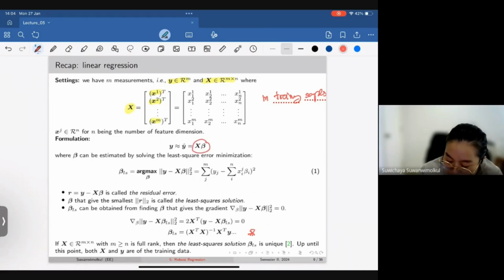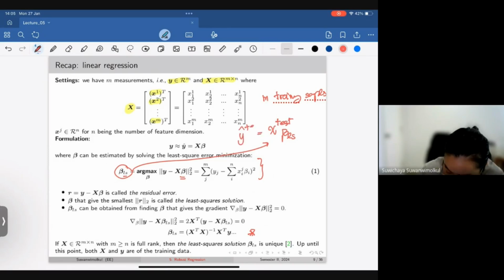So we have to estimate beta from solving this least square error minimization. Then we get this beta, which we sometimes denote as beta least square, or subscript ls. After we have this beta, we can use beta ls with our input x, which could be our testing data, and we will get something like y hat testing, the predicted value of our target measurements in the testing phase.